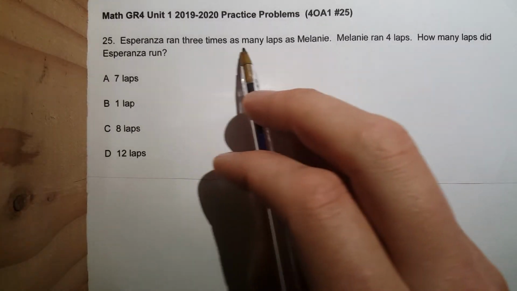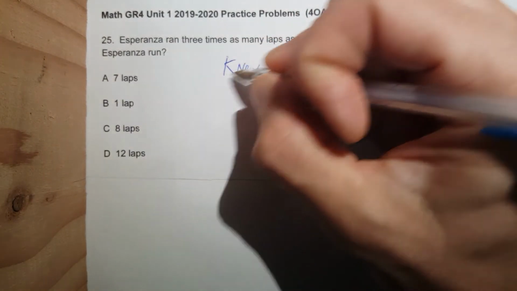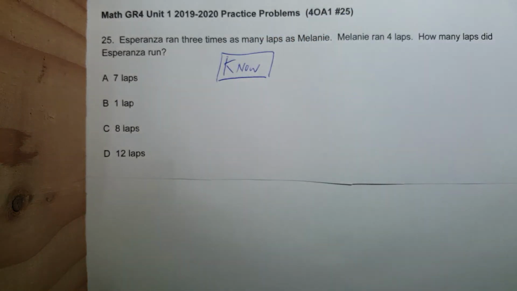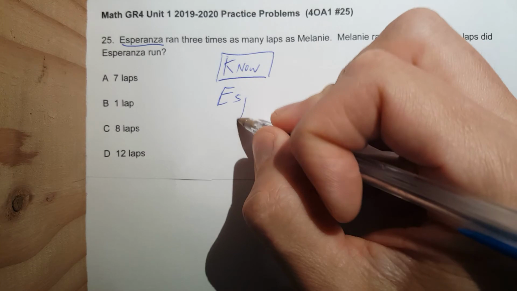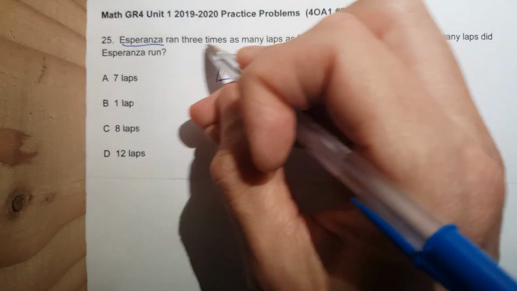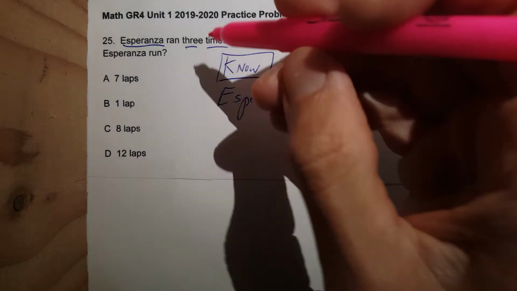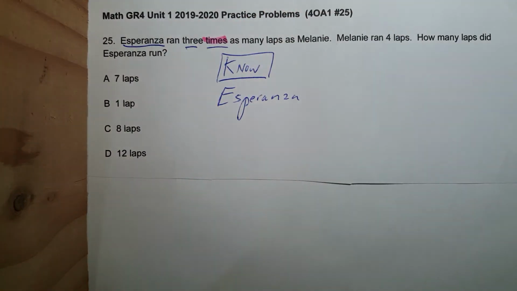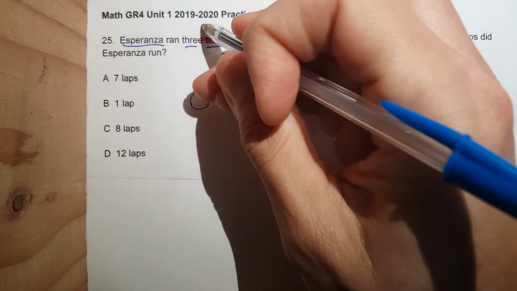Esperanza ran 3 times as many laps as Melanie. So right away we have a word problem. Let's go down with what we know. So we have a person's name. Esperanza ran 3 times. There's that keyword again. Hopefully by now, times, you know this. Watch this.